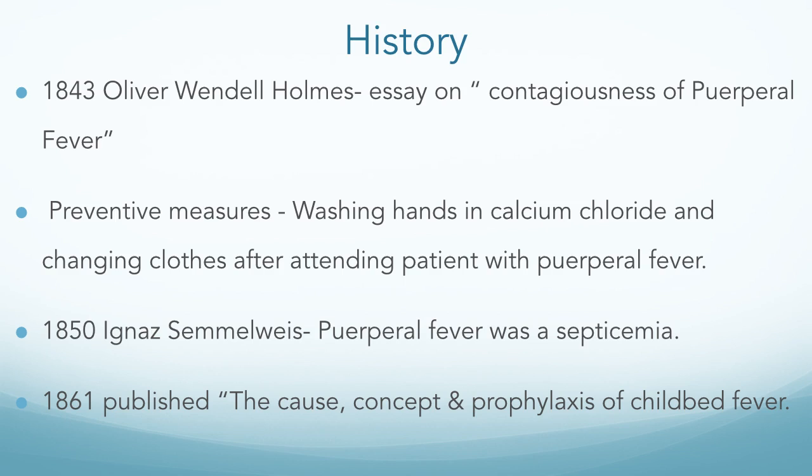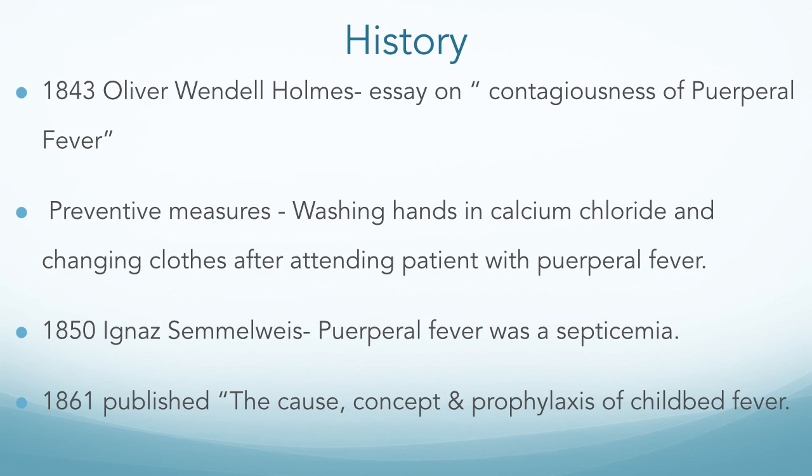Holmes also stated that washing the hands in calcium chloride and changing clothes after attending a patient with puerperal fever were preventive measures. These ideas met with fierce opposition by the established obstetricians of the day.